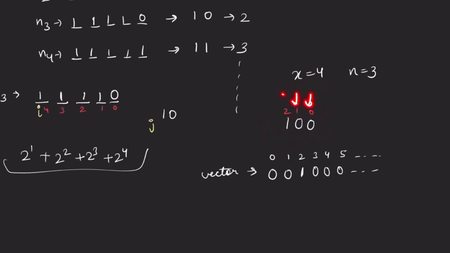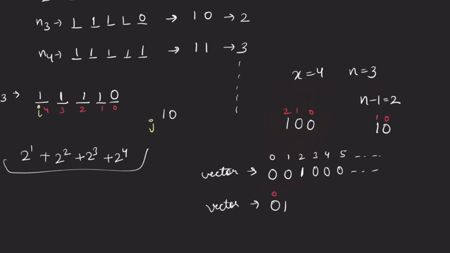Here the bits are 0, 1 and 2, but in the vector we have the indexes starting from 0, so this 1, 0, 0 will be stored as 0, 0, 1 in our vector, right? Similarly, if you see, n was 3, so we will take n minus 1, which is 2. 2 in binary is written as 1, 0, right? So this is the 0th bit and this is the first bit. So in your vector, it will be written as 0, 1.